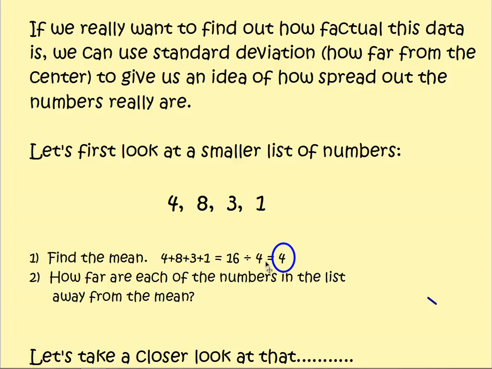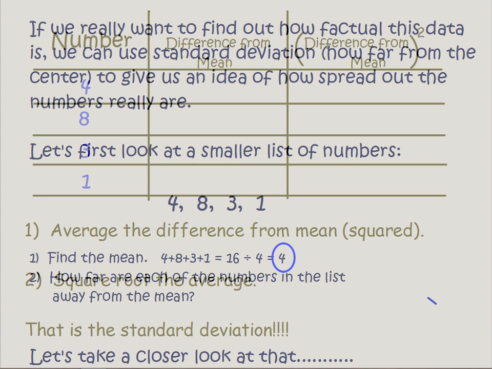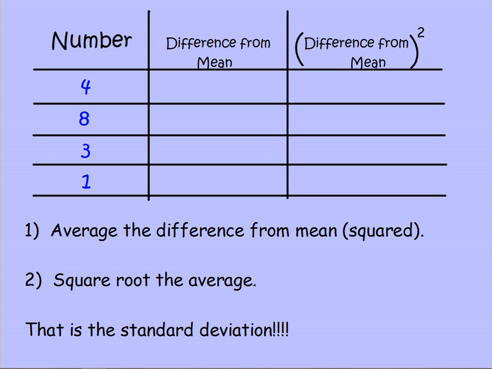So we average our numbers, and I found that my average is 4. Then we're going to make ourselves a chart. I'm going to list all the numbers in my list. For now, that's only 4. Imagine what a pain this chart would be if it was very many numbers, right? And remember, my mean was equal to 4.